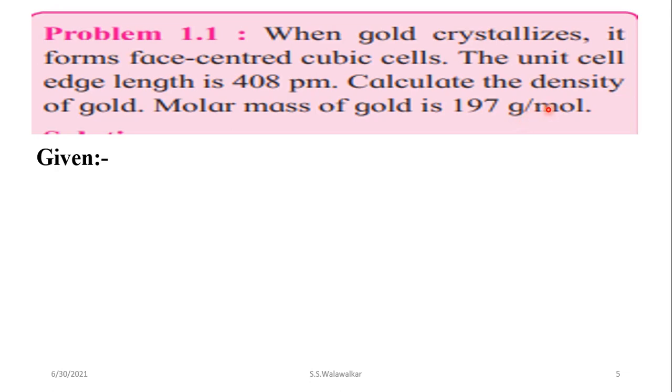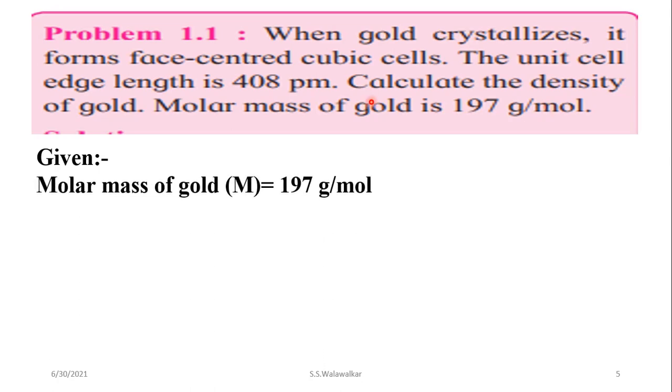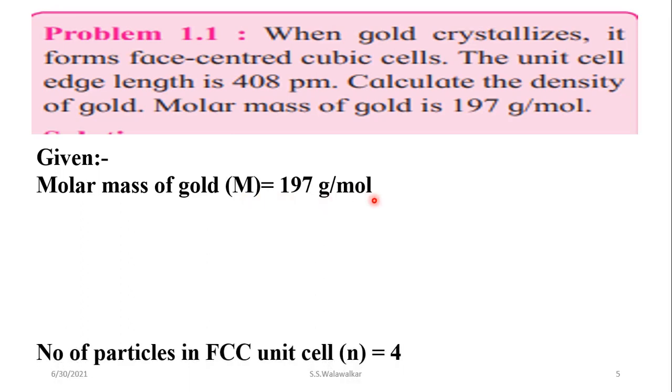So what is given in this example? Molar mass of gold is given, that is capital M is equal to 197 grams per mole. Second, the number of particles is not directly given, but it forms face center cubic cell, and you know that face center cubic cell contains 4 particles. So N is equal to 4.